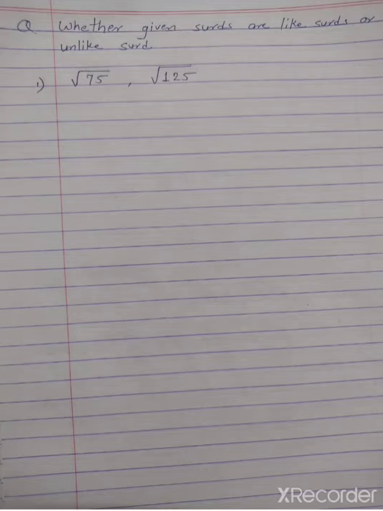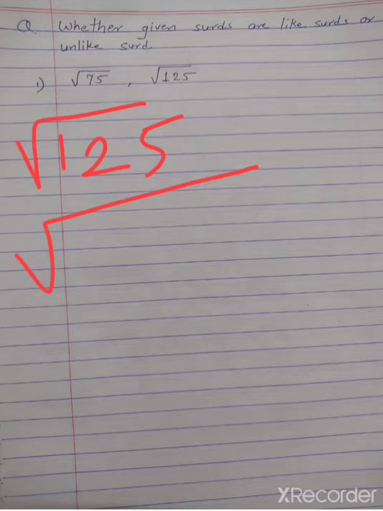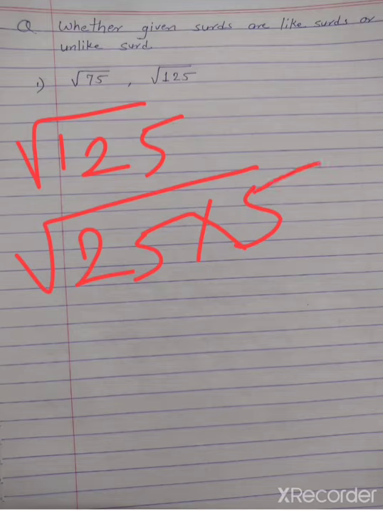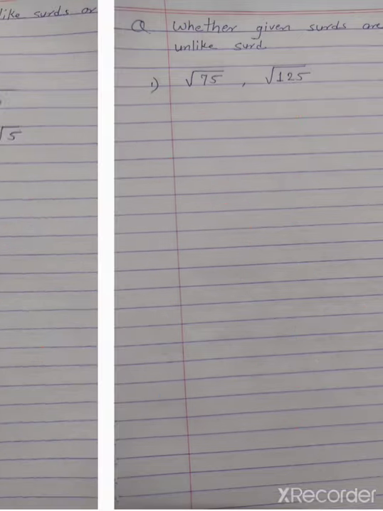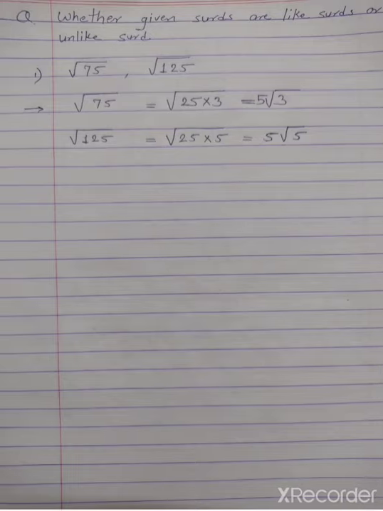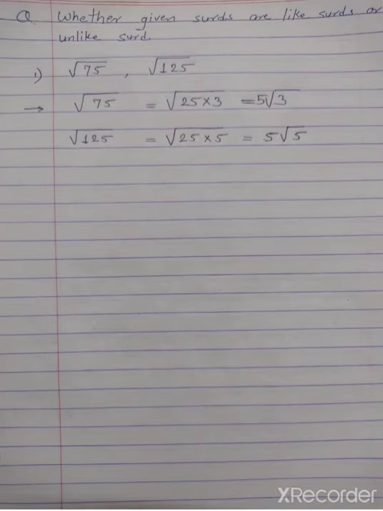Similarly, we can solve root 125. Here I am again factorizing it by using the square number, 25 times 5. Now take this 25 outside, so it will become 5, and on the radicand side the radicand is 5. So these are the two simplest forms. Here you can see the coefficients are the same, it means p is equal to q.